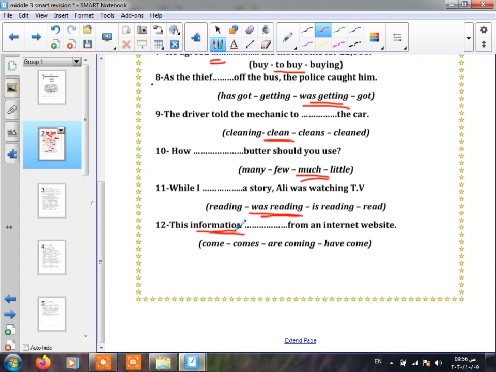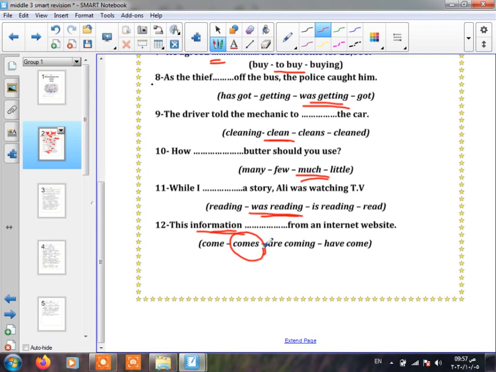For example, we will say information is, or water is. So uncountable nouns take a singular verb. So here information will take the verb comes, like in the present simple. In the present simple with the singular subject, we put S or ES, and of course, as I said, we use the uncountable noun as a singular subject. So this information comes from an internet website.